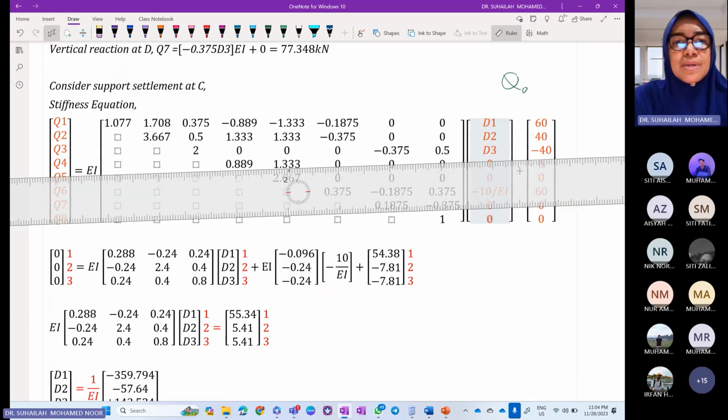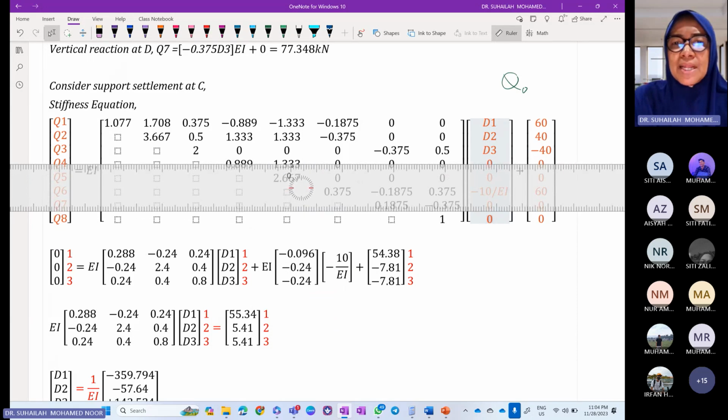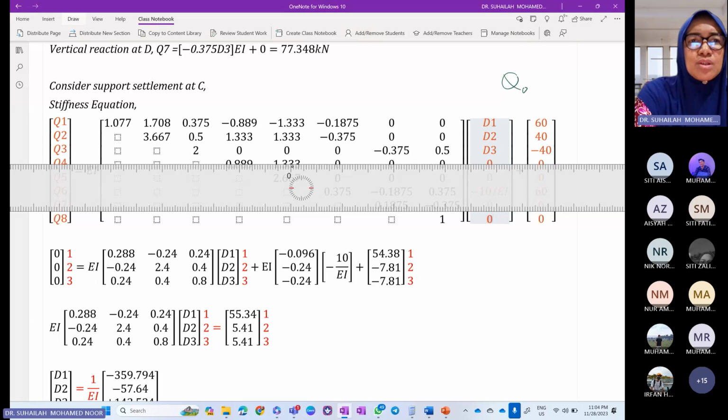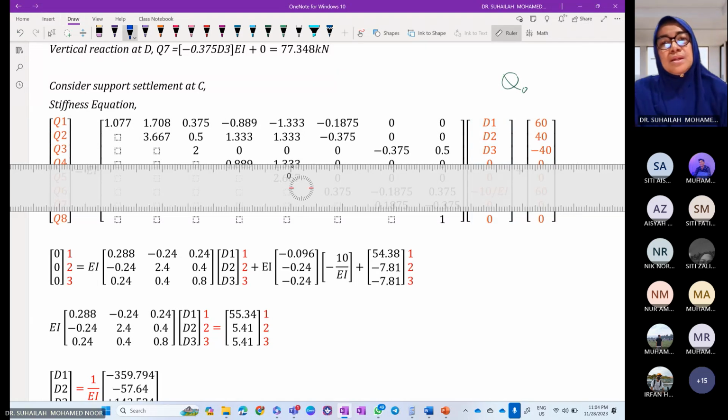Okay, bila displacement 0. Ini yang pagi tadi pun saya dah explain. Sebenarnya dia punya proses in solving this stiffness equation to calculate the displacement D1, D2, D3, dia bukan kita consider yang 3 tu je, no. Dia sebab dia kali dengan 0 dia dapat 0.